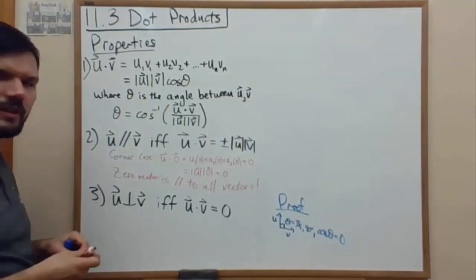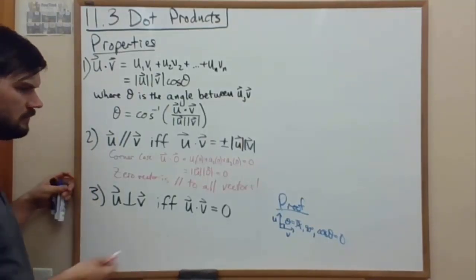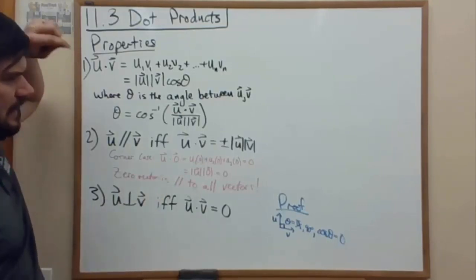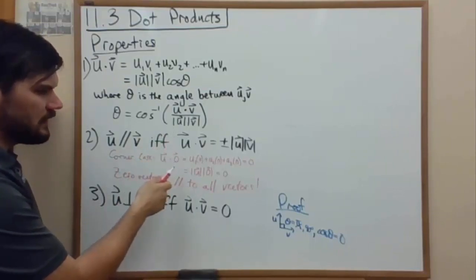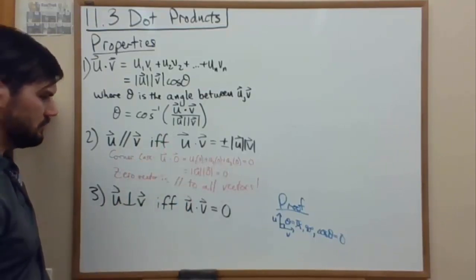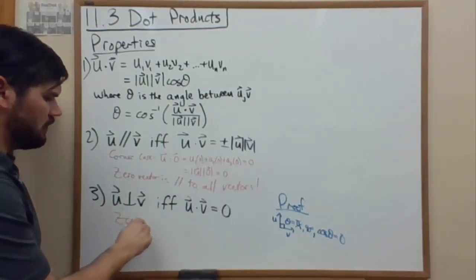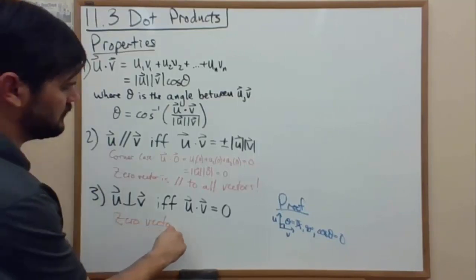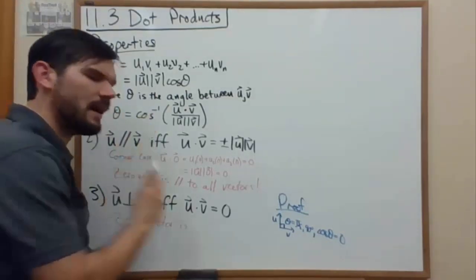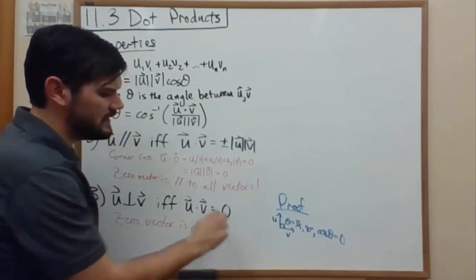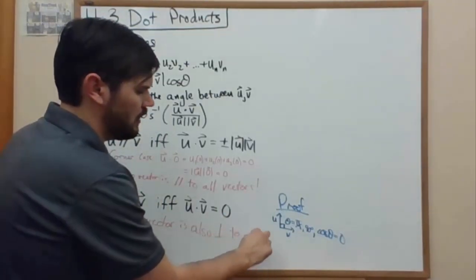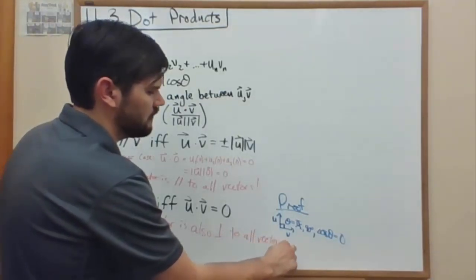Now, we come to the strange part. We just showed that the dot product of any vector and 0 vector is 0, which means that the 0 vector is not only parallel to all vectors, but is also perpendicular to all vectors.